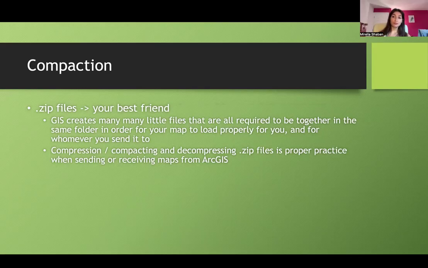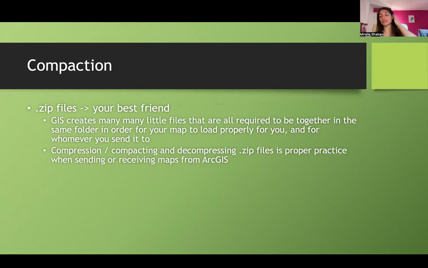If you do not do this properly, for example, if you save your map that you've been working on in a folder outside of its source data, you are most likely not going to be able to send over the information on the map that you see and have the person you sent it to see that same information.